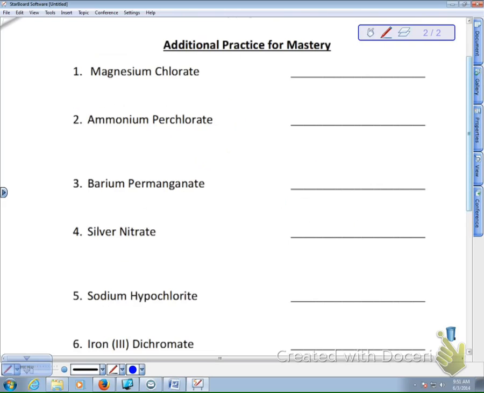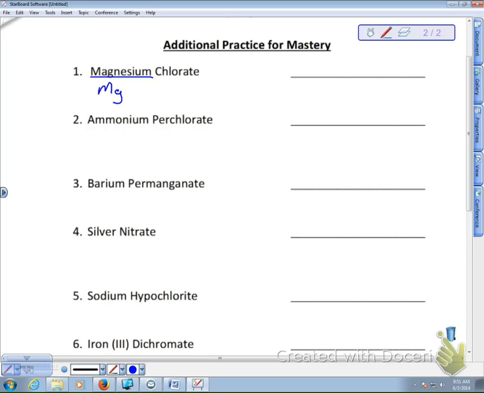Let's just end this lesson up with some more typical practice, because most times you aren't going to have that blank there for cation, anion. Here's what I do, and I'm not ashamed to admit I do this even to this day. When I see a name like this, I write the ion under the first word. So the first word here, magnesium, I know that's going to be Mg.